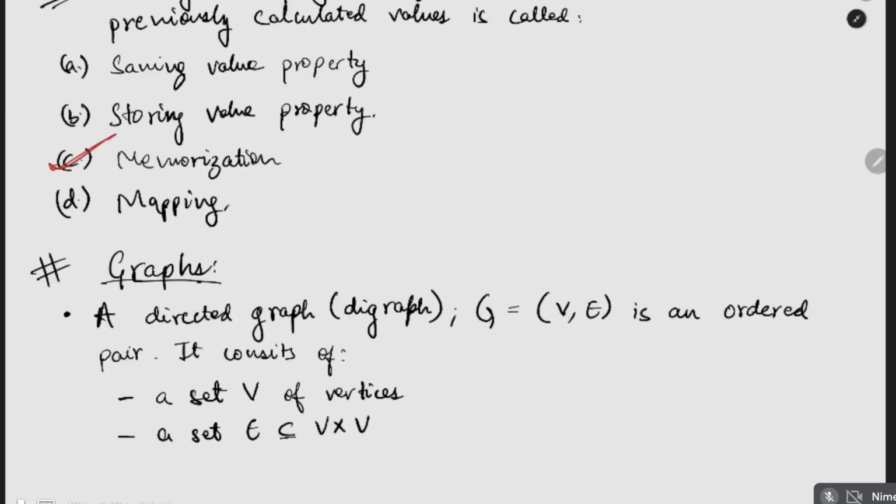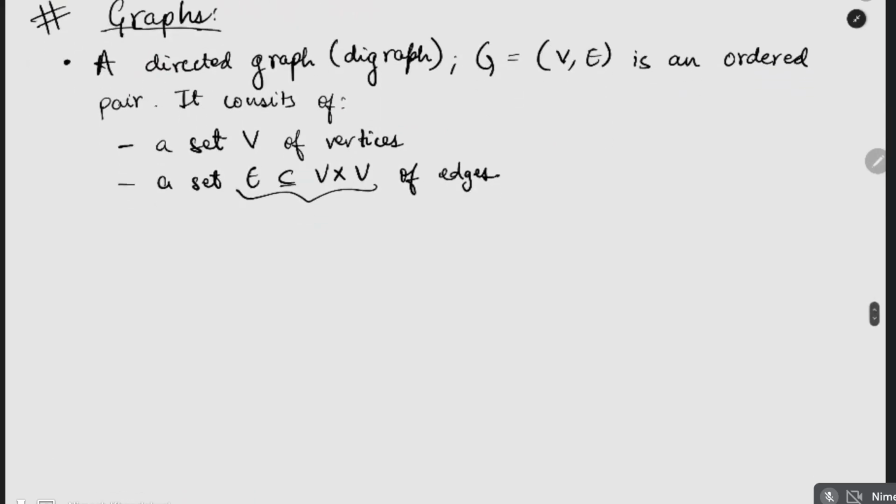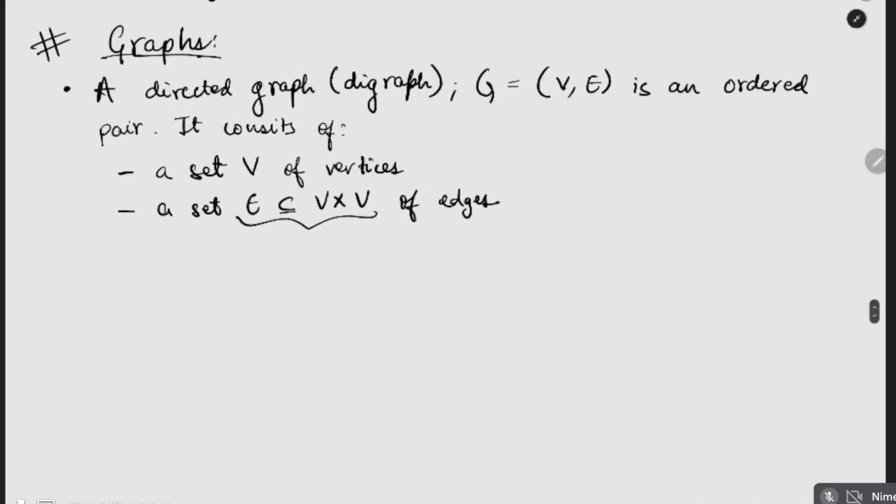So from this definition, we can see that the edges define a relationship between vertices. The relationship can be defined between the complete set, or it can be defined as a subset. Usually it's a subset, and in a directed graph, it is an ordered pair.